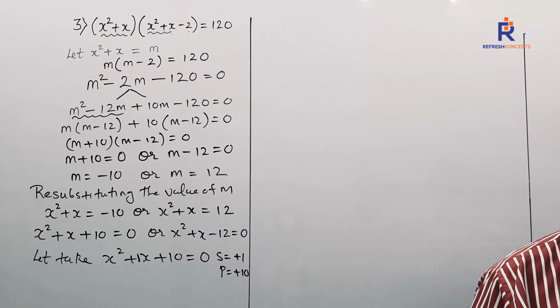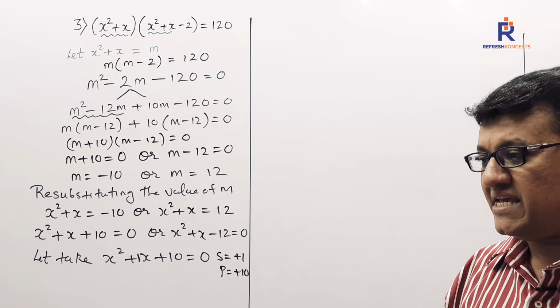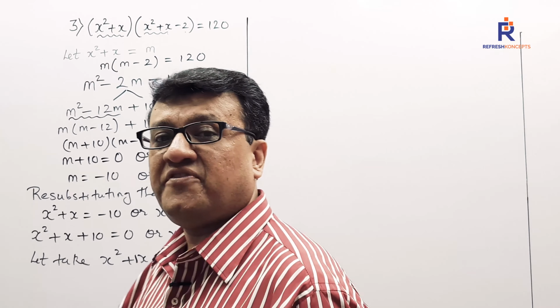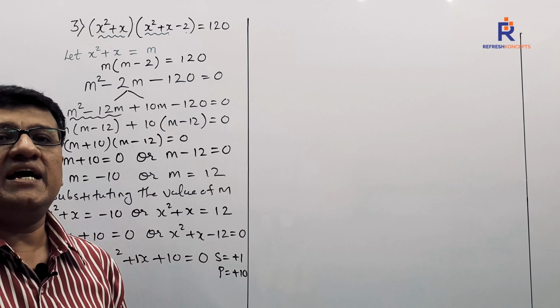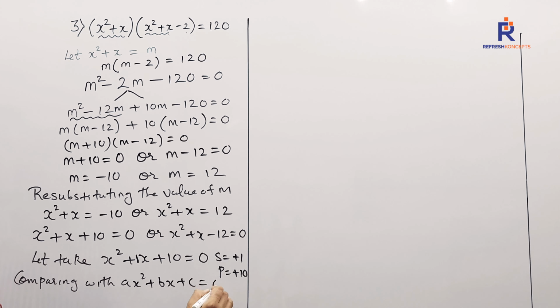This video and this particular company is for you people, saying refresh concepts. So refresh yourself. B square minus 4ac. So we compare with ax square plus bx plus c equals to 0.